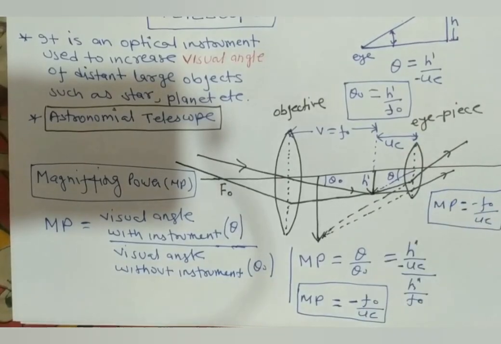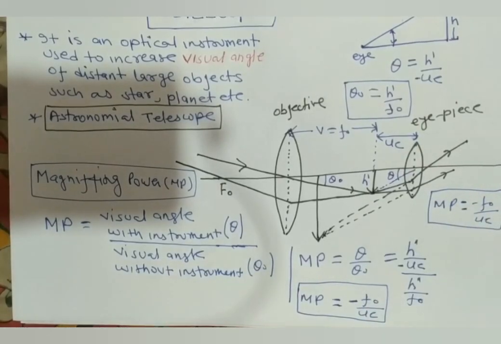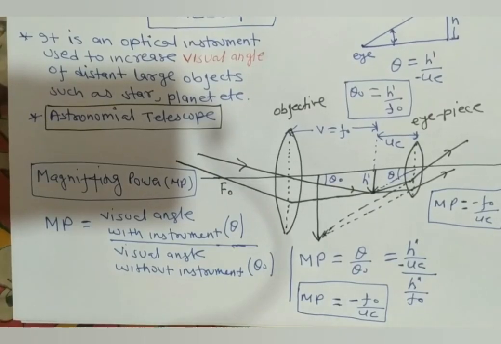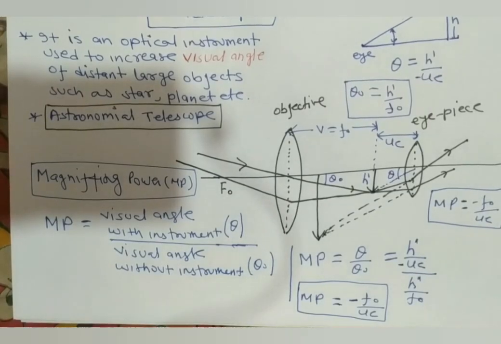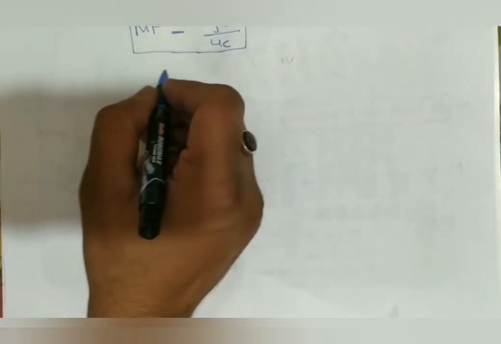Now we have to derive magnifying power for two cases, for far point and for near point. We have derived the magnifying power f naught upon UV. Now let us discuss two cases.